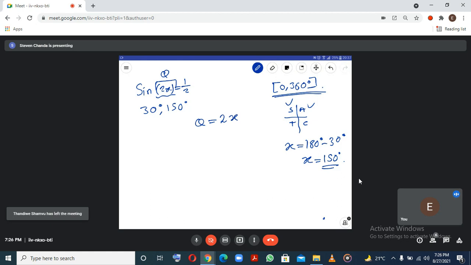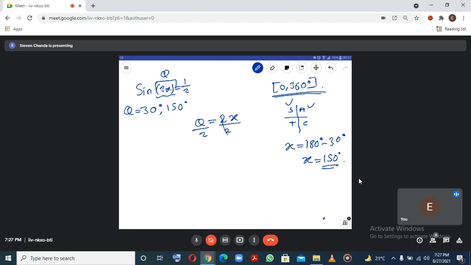X should be half of these thetas that you found. Does that make sense? So if you are going to find your x, which we are looking for, we are going to get these thetas, those angles, and divide them by 2.